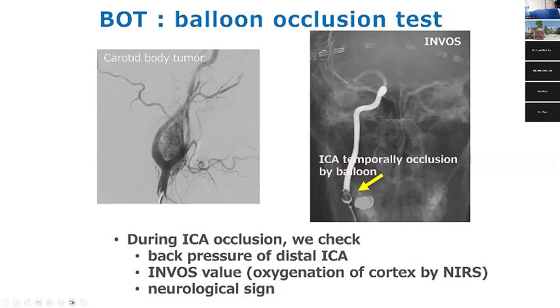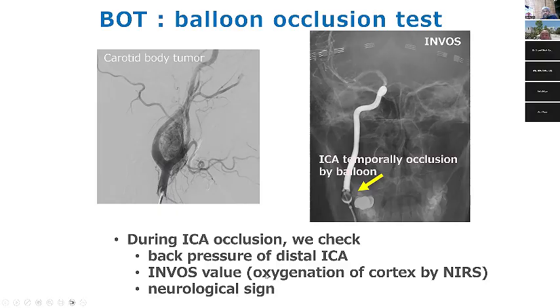The BOT, balloon occlusion test, is another method to evaluate collateral circulation. While occluding the ICA with the balloon, we assess the back pressure of the ICA distal to the balloon and cortical oxygenation, this is the probe, and it can be measured by near-infrared spectroscopy as well as neurological symptoms.